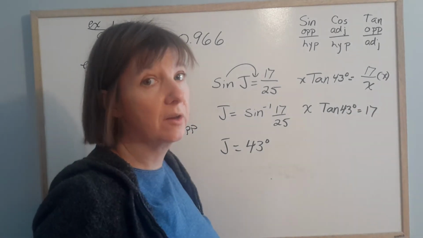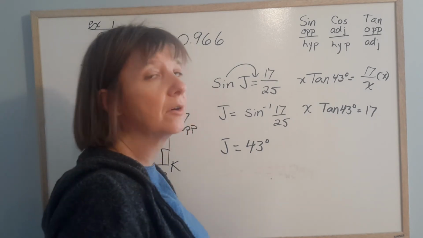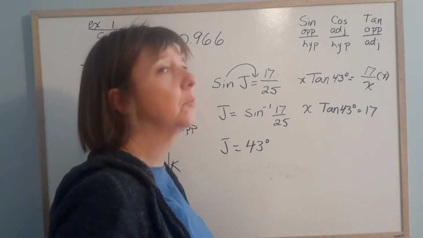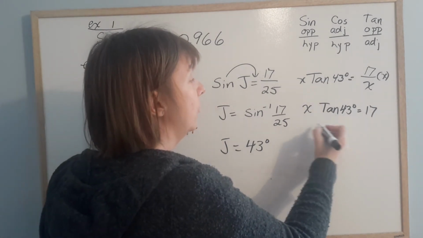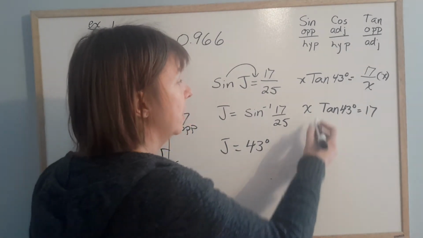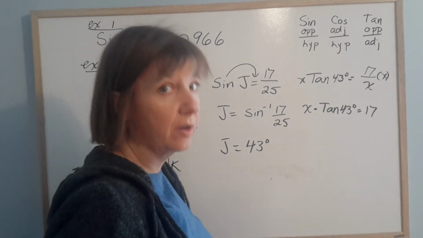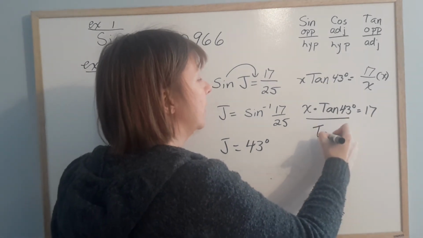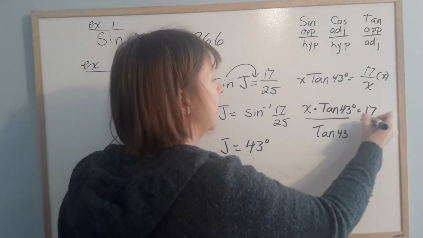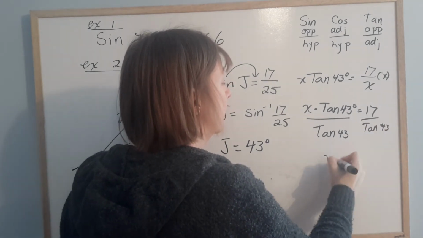Now, if you want, you can put tan of 43 in your calculator and it'll give you a decimal. I don't bother. I just leave it as tan 43 because I'm going to put the whole thing in my calculator at the end. But remember, I want to get x by itself. Right now, I am multiplying x times whatever tan of 43 is. So I divide this side by tan of 43, and I divide this side by tan of 43.